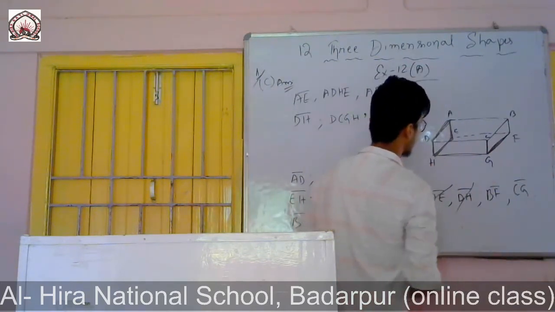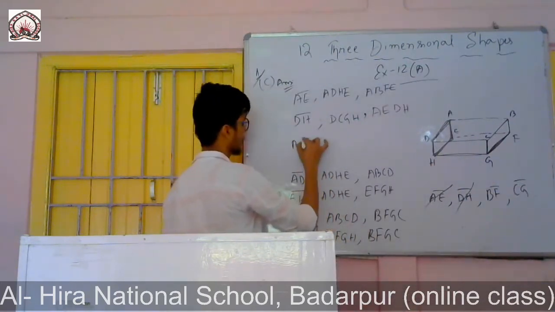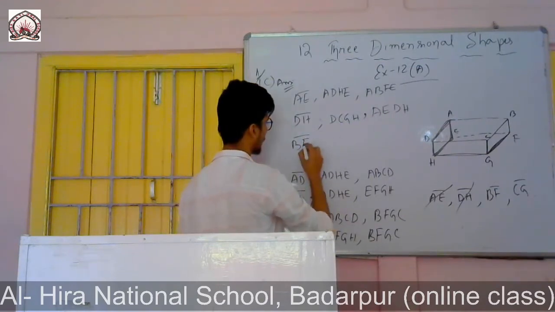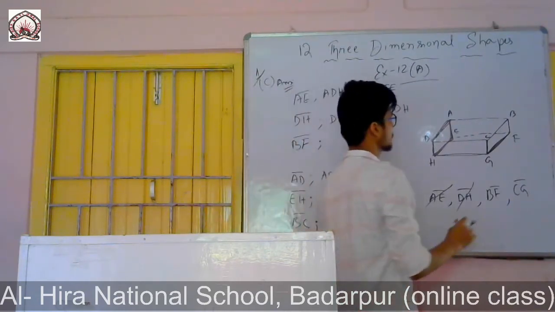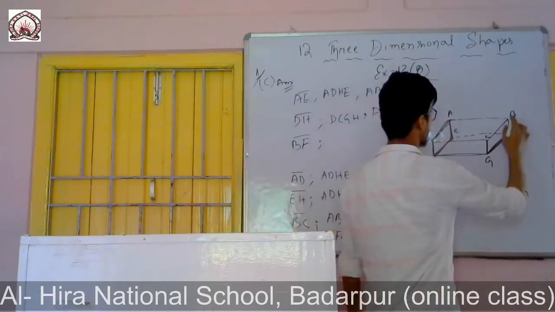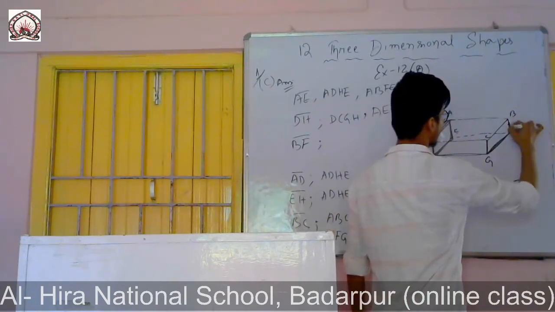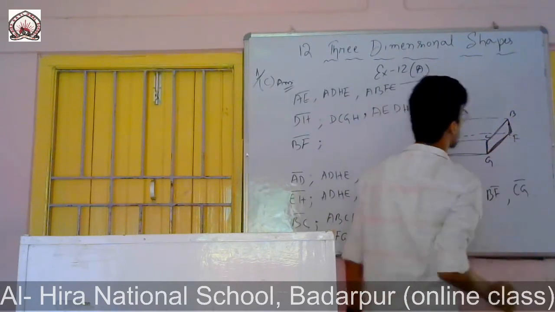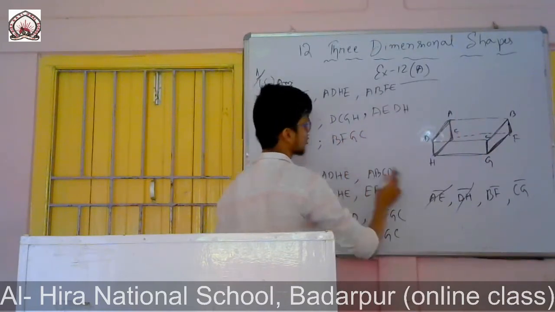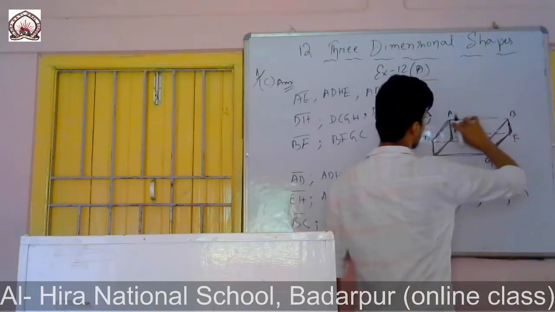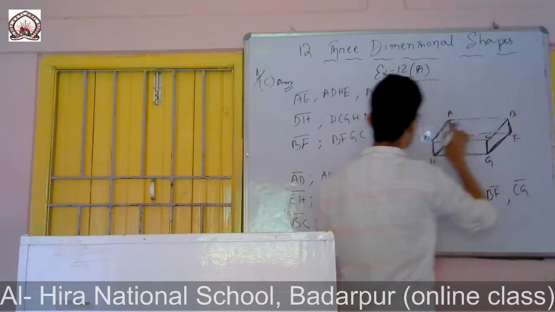DH, okay. Then BF. BF, you see, where is BF? It is BF, this side. Okay. So for this one, this triangle BFGC, and this triangle ABFE.